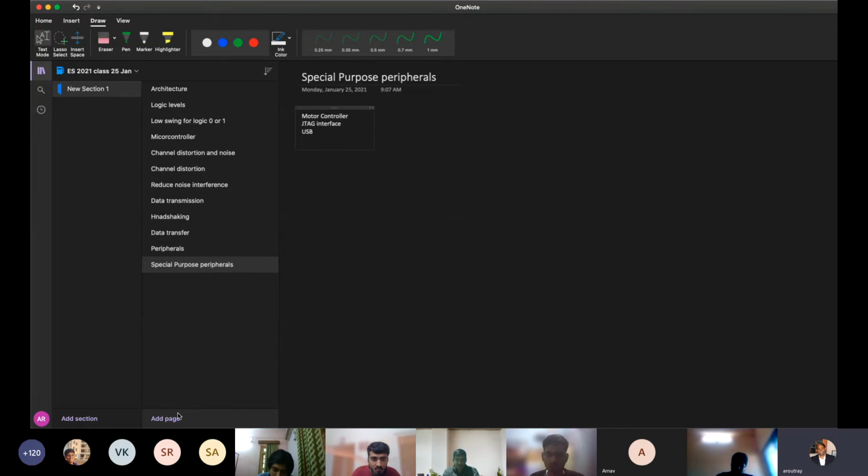Then you can have memory, external memory also, if it is required.